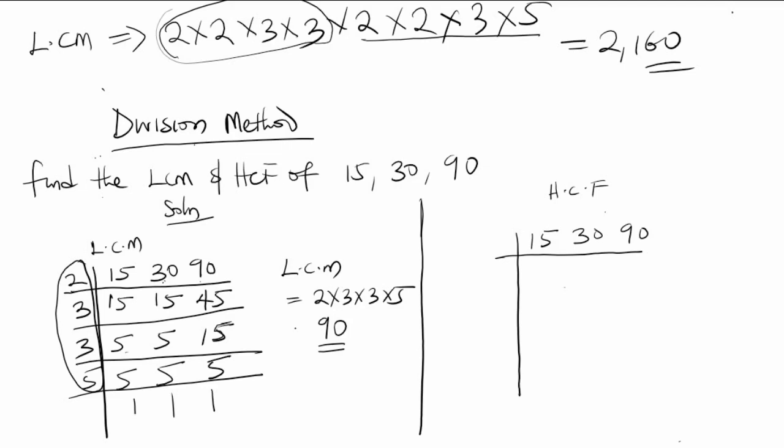When we are deriving the LCM, you notice that even though 2 could not divide 15, we still used it because it could divide 30 and 90. All you had to do was to put down the 15 you couldn't divide.